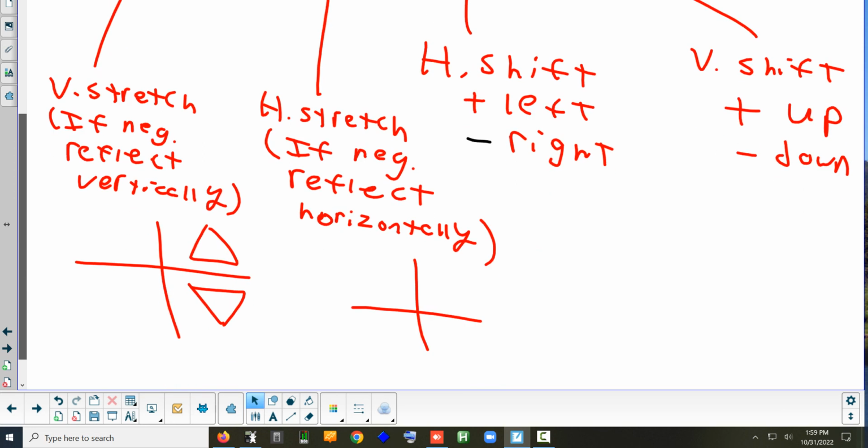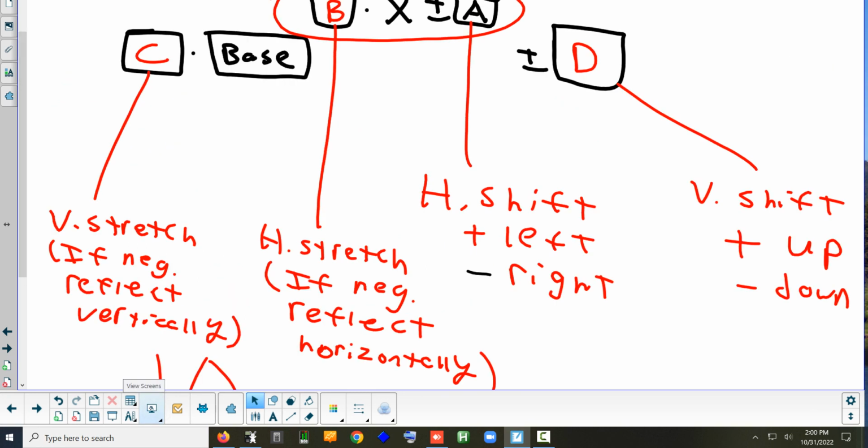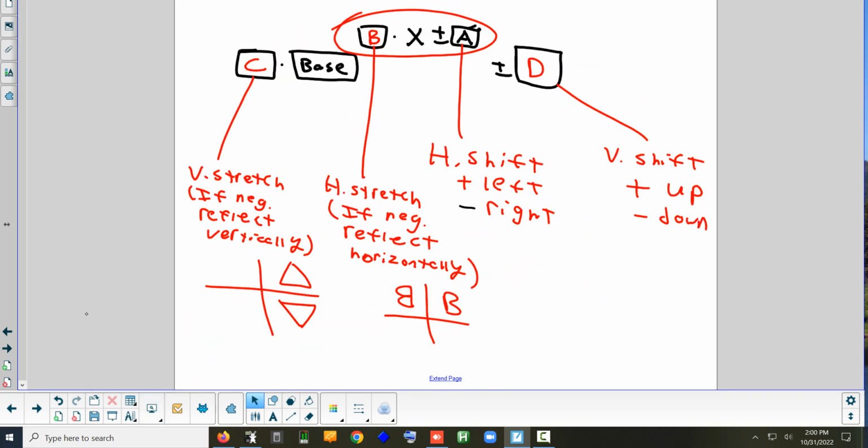That would look something like this. Okay, so that's what each number does. Not every problem is going to have every number in it. And the base, well, the base doesn't really matter. They'll give you a base in the problem. That's just the base you're going to use. But you want to be focusing on the A, B, C, and D.